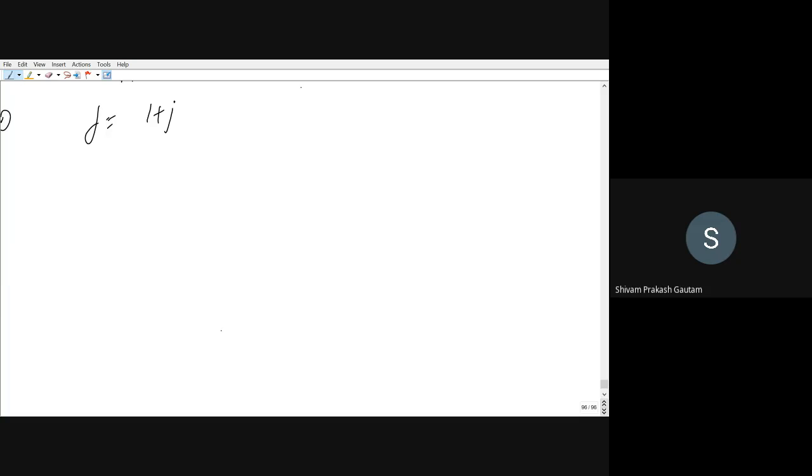This is a complex number, and we want to calculate its phase as well as its magnitude. Magnitude you can directly calculate by taking the square root of real part square plus imaginary part square. The real part square is 1 and the imaginary part square is also 1, so you will get the square root of 2.